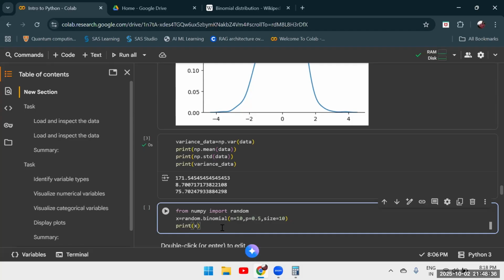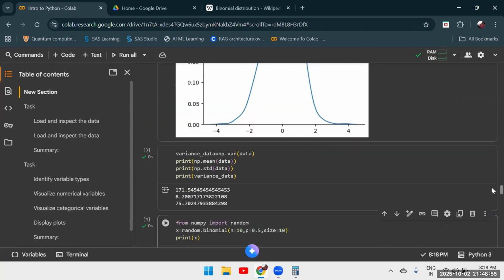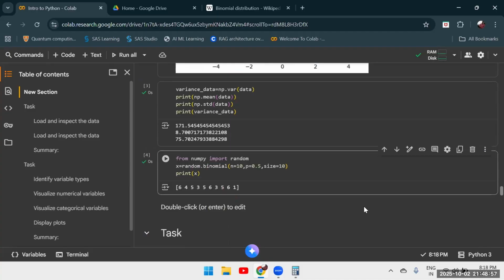Okay, are you getting this equation, everyone? If no questions, let me execute this and show it to you. See what this has done. Basically, it has computed my value of x here.